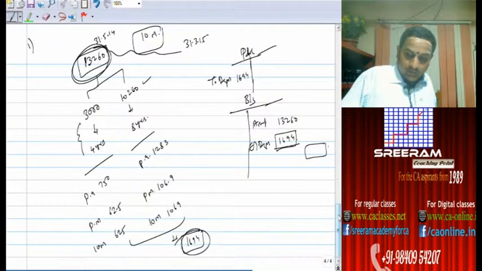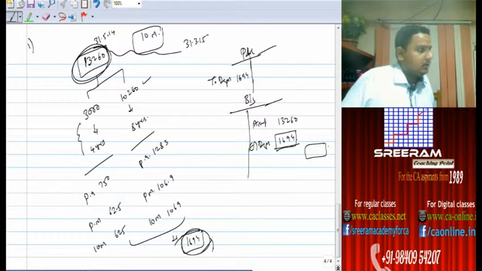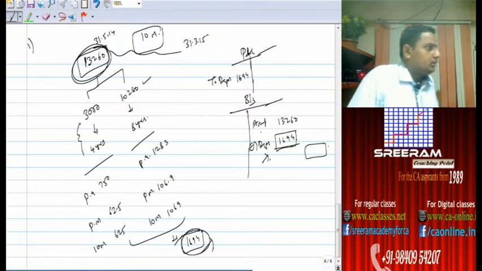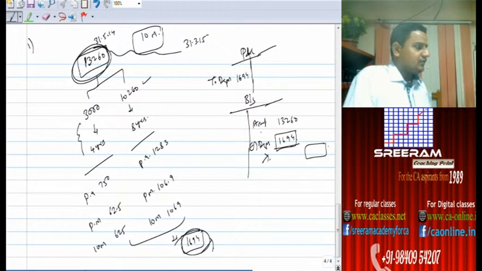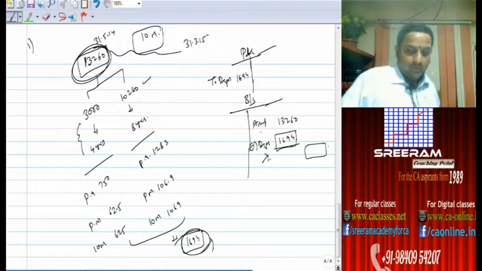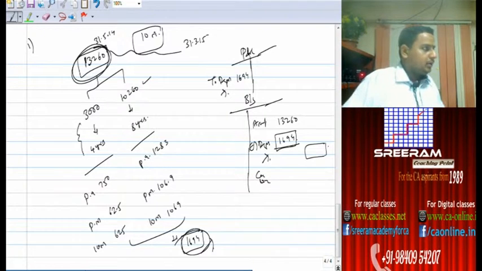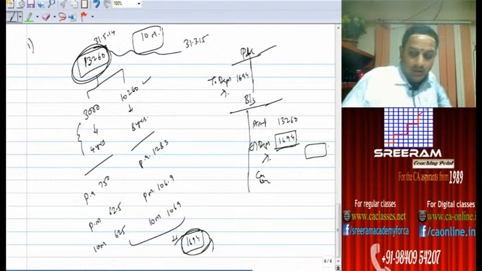For that portion also we are providing depreciation. In the sense, depreciation is useful to accumulate some funds for replacement of the asset or for meeting some expenditure, in our case P2. So by providing depreciation, definitely our cash balance or bank balance is going to be protected. To that extent, profits will not be withdrawn.